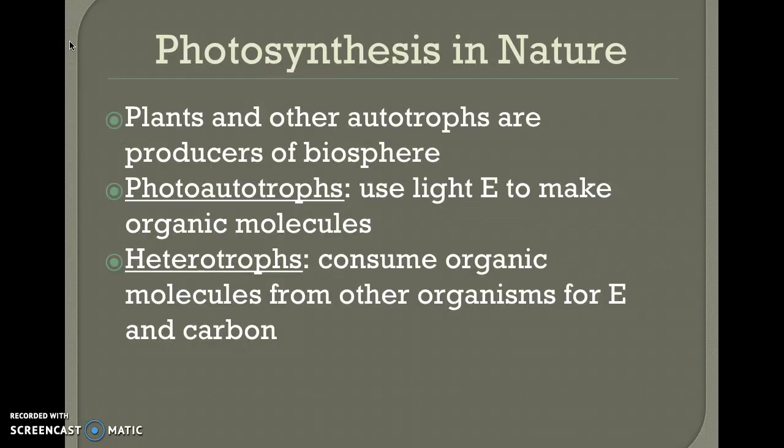I think we all know that plants are producers on Earth, meaning that they produce organic molecules for other organisms to survive. Specifically, plants are autotrophs, but they are photoautotrophs, which means that they have to use light energy in order to make organic molecules such as sugar.